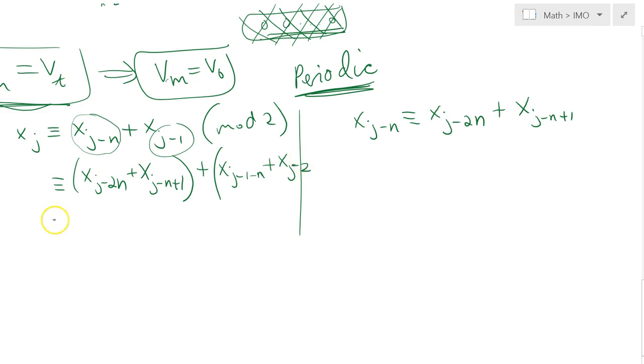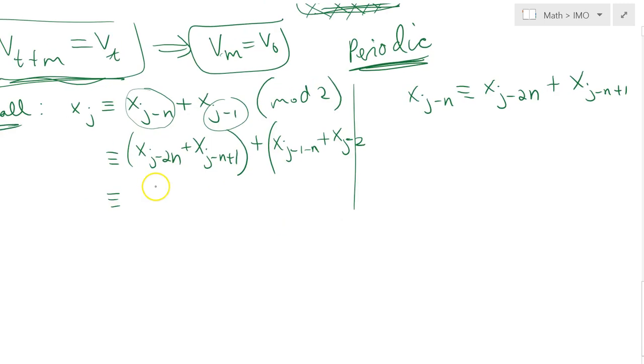But then I can organize it carefully. Did I do a typo already? I'm prone to typos, sorry for that. The previous is not plus 1, it's minus 1 here. Okay, so therefore I have x j minus 2n plus these two summing up to 2 times x j minus n minus 1, and then the last guy, x j minus 2.